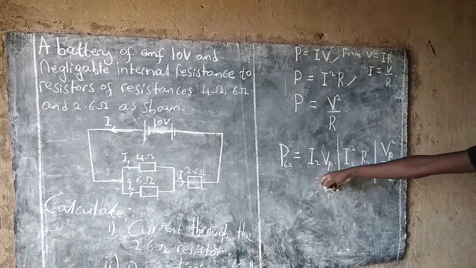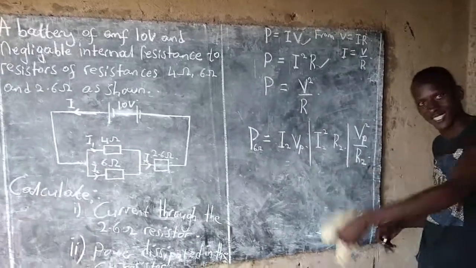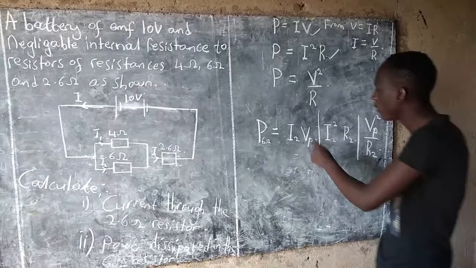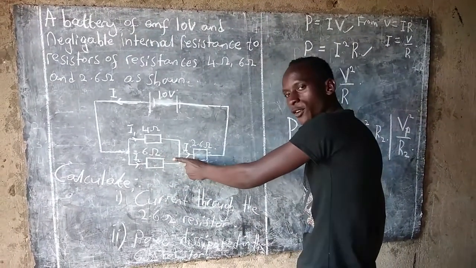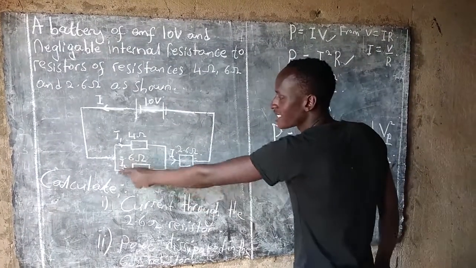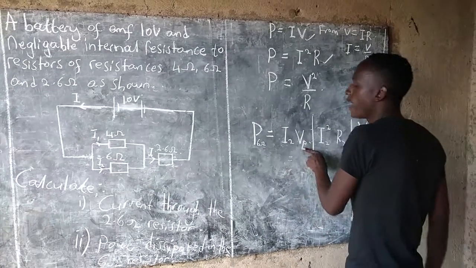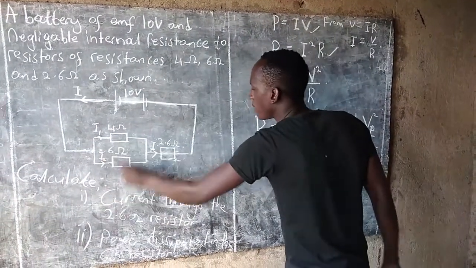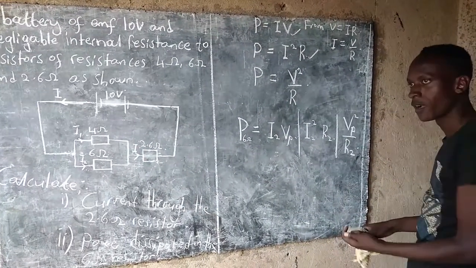This is how you interpret power depending on which resistor has been asked. This resistor is in the parallel combination. So if I'm talking about I, it has to be I2 because it is the current passing through that resistor. If it is V, I have to consider only the PD across the parallel combination. So the choice is yours.